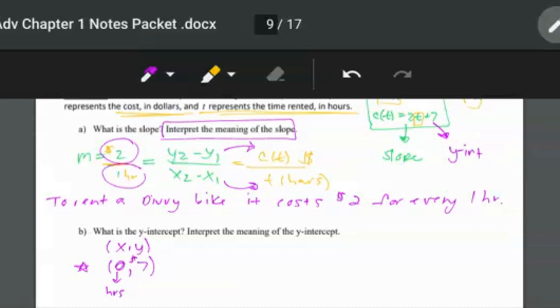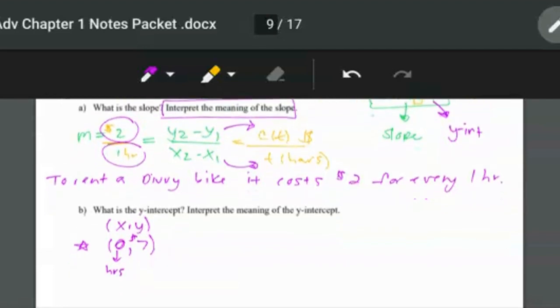So the meaning is if you rent this bike for 0 hours, it's going to cost you $7, which might be confusing. If you rent it for 0 hours, you don't rent it at all. Why do you have to pay $7? Well, that's probably the rental fee. Everyone has to pay $7 just to get the bike, and then you pay that $2 an hour for every hour you have it. So that's the base fee.